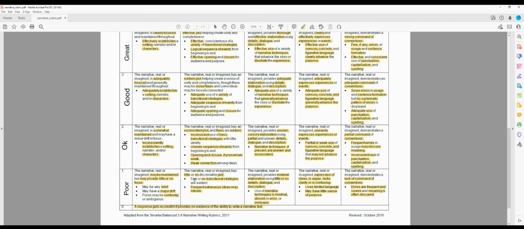Maybe you didn't use any dialogue, or your language is a little confusing, or very, very basic, then you might get a 1. And I still have a few of you who have a 0 because you don't turn anything in. But that's the goal, is to get to a 3 or 4. Some of you who have 0, try to at least get a 2. Everyone is capable of doing an okay, a good, or a great paper.